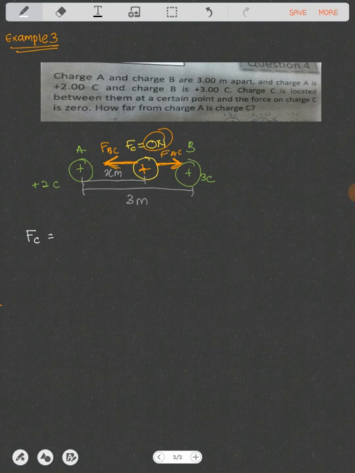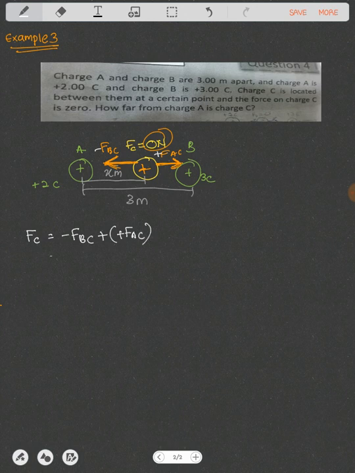So don't forget again, don't forget about the direction. This is positive and this is negative. So kita sum up everything yang causes on charge C ni, FBC campur dengan positif FAC.